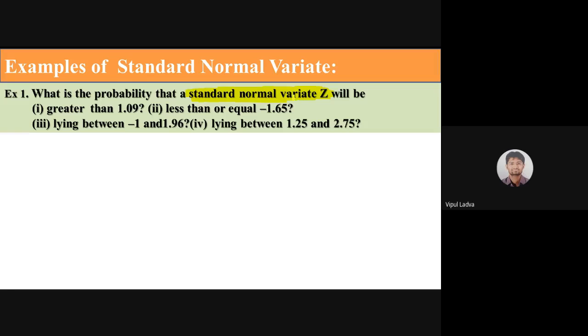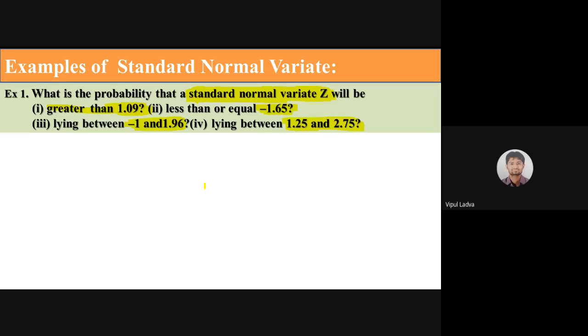First of all, you need to identify from the question whether it is for X or for Z. If it is written that the probability that a normal variate, then I need to write down X. For this particular question, we are dealing with standard normal variate Z. We are finding the probability that a standard normal variate Z will be greater than 1.09, second, less than or equal to minus 1.65, third, lying between minus 1 and 1.96, and the fourth one lying between 1.25 and 2.75.